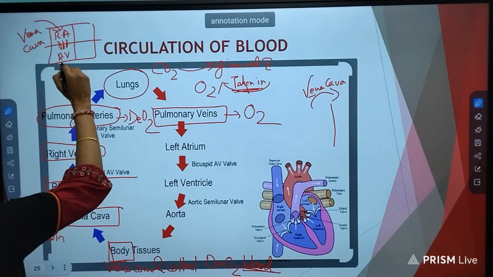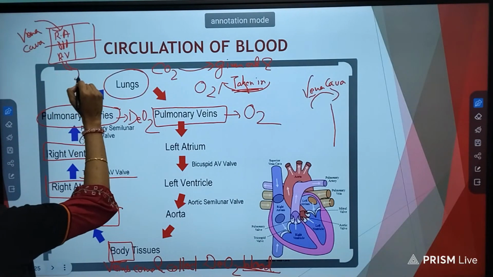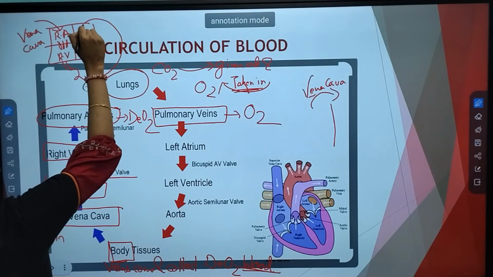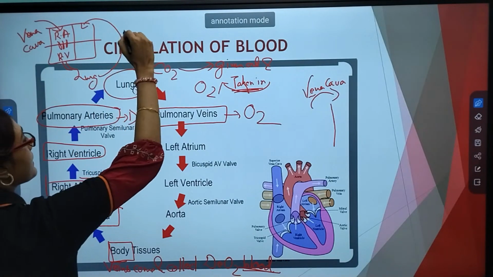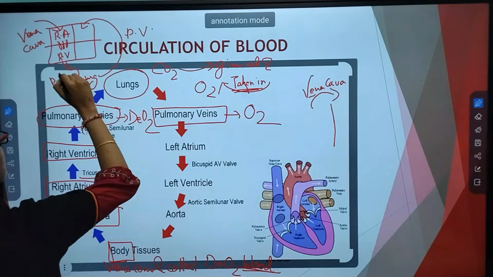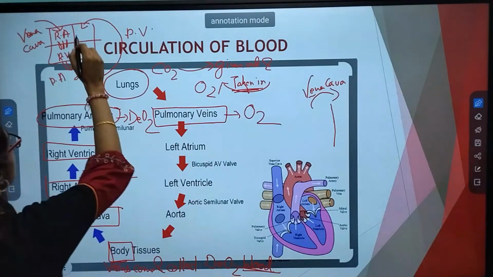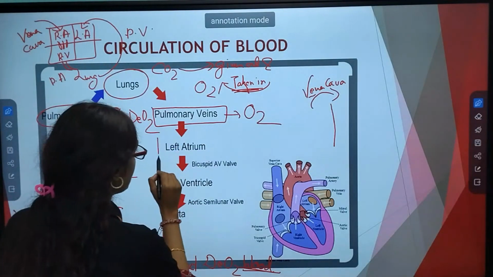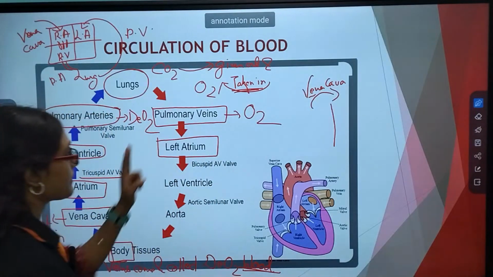After this, where did the blood go? To the lungs. Now from the lungs, the blood will come here by the pulmonary veins, to the left atrium. See, the blood came to the left atrium.